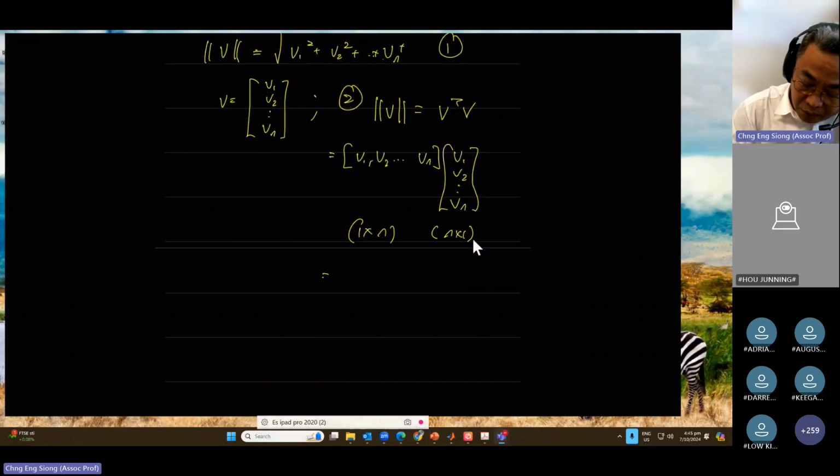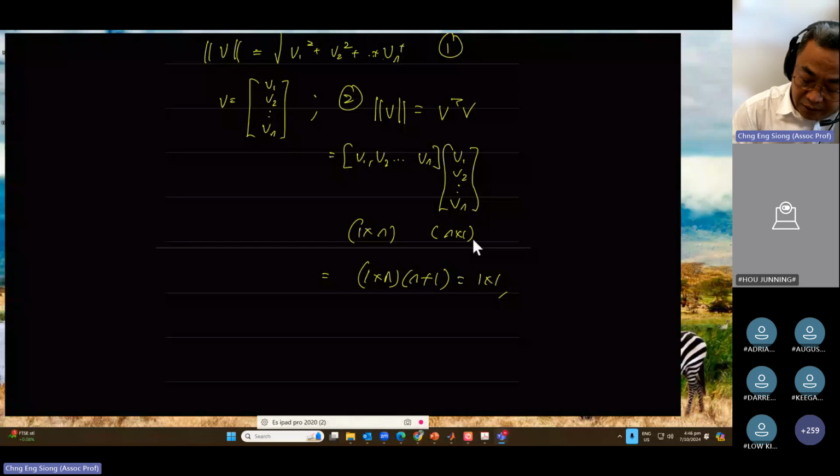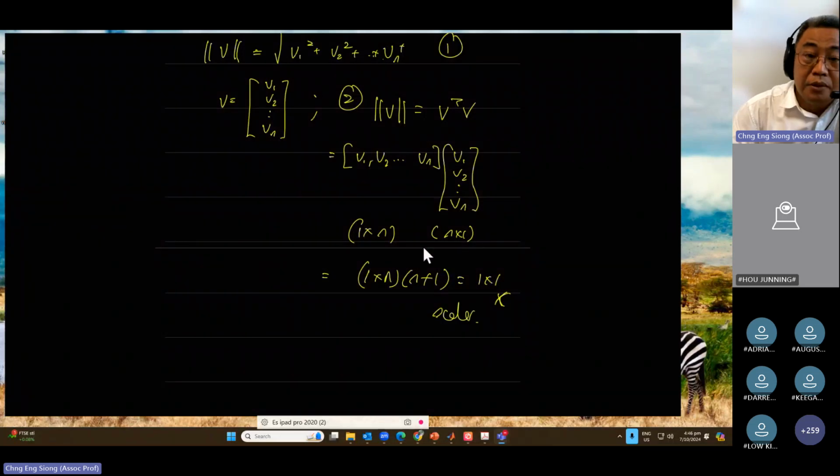Therefore, we get 1 by n times n by 1, which gives 1 by 1. And therefore, we get a scalar as we wanted. So a row vector multiplied by a column vector is a nicer way. In fact, we write it in this compact notation, V transpose V, to get the norm.